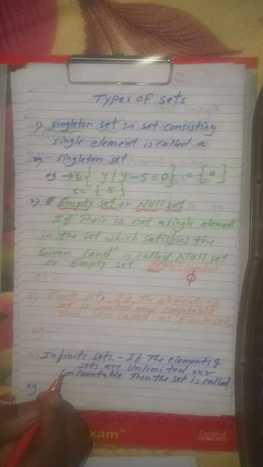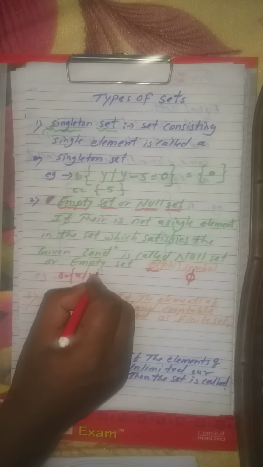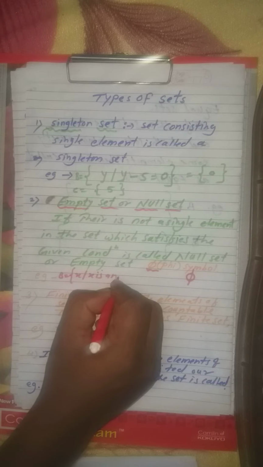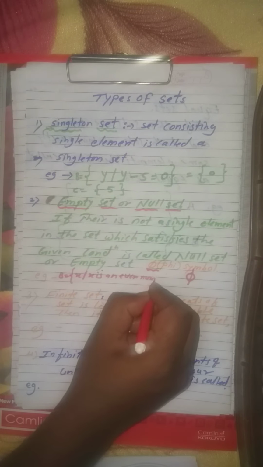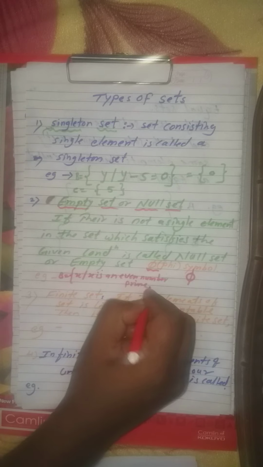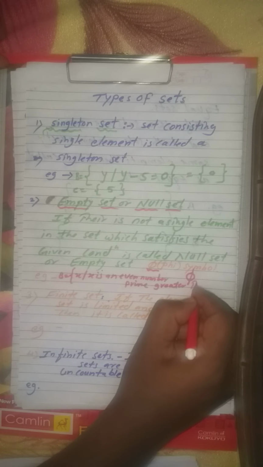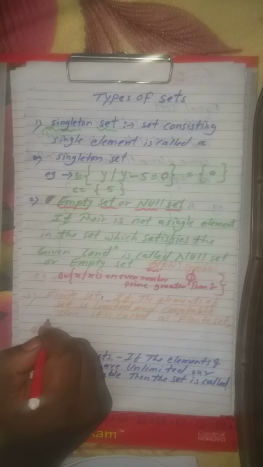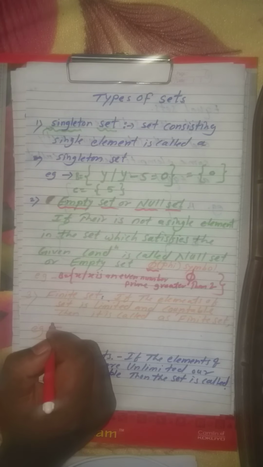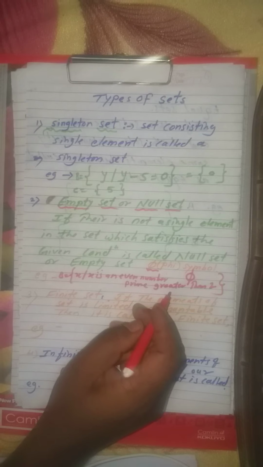Now one example of this. Set B is equal to x such that x is an even prime number greater than 2.